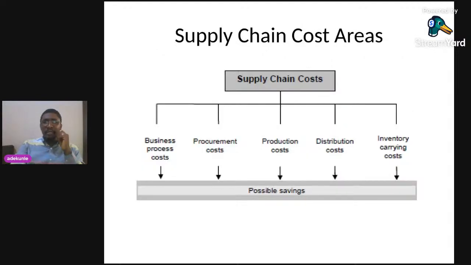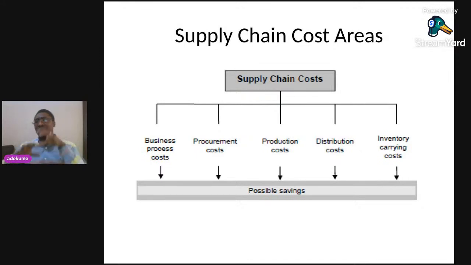So, talking about supply chain costing areas, there are various areas within the supply chain that require savings. There are costing areas, and those costs will require a proper way to limit and reduce them so they can have good savings. An example is the business process. These are examples of costs: you have procurement cost, production cost, distribution cost, inventory and carrying cost.